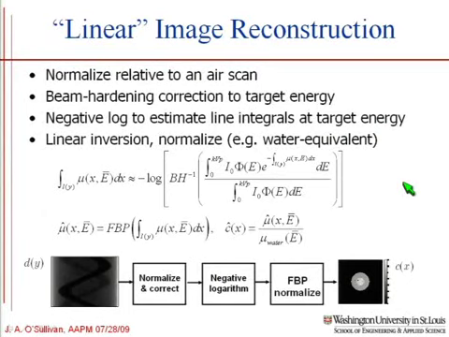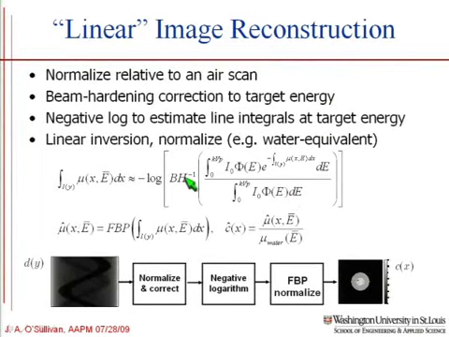Typically, when people think about doing image reconstruction, they refer to a linear image reconstruction or filtered back projection. And just to review that, you would take your data. So your data would be given up here in the numerator. That's the approximation we got in that last slide. So that would be our model for the data over here, the sinogram data. You normalize it relative to an air scan.